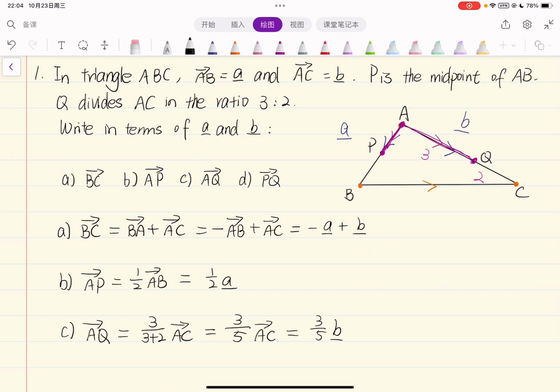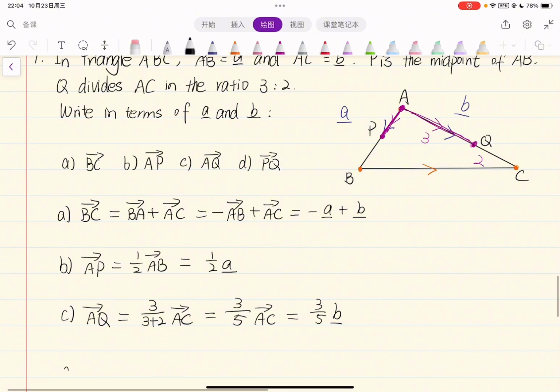Now, for the last one, we have the part D question. It asks you to find the vector PQ. Thus, we start from point P and end at point Q. So you need to find this vector.